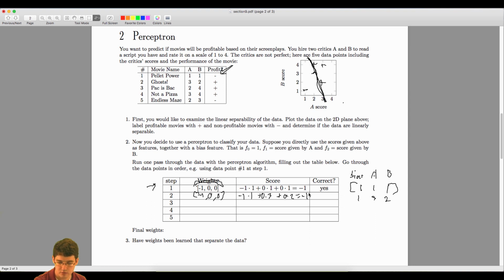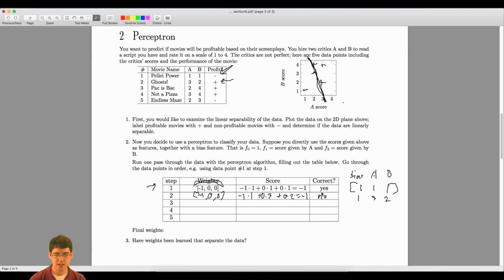And of course, this is just negative 1. So the prediction that we made for this point, which is a different point, is negative 1. That's saying that we're predicting it's not going to be profitable. We compare that against the actual label, which is a plus. So the score does not match the actual output, and this is not correct.